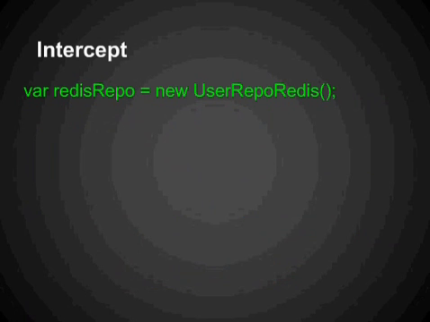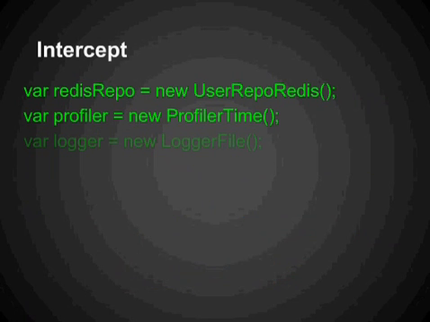Okay, so now let's see what this all looks like. Let's put it all together here. Again, I'm trying to get a user repo object that does profiling and logging without sullying any specific implementation of user repo. So in this case, I'm going to create a user repo Redis object.